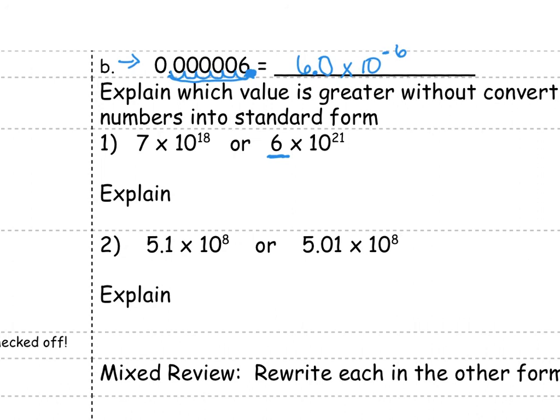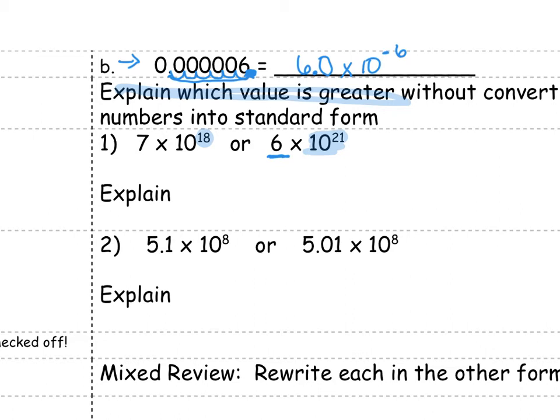All right, for this next part, explain which value is greater without converting. So because we know that we are multiplying by a power of 10, we should first look at these exponents. The greater the exponent, the greater the place value of what we're multiplying by. So here, 10 to the 21st has a greater place value of what we're multiplying by.